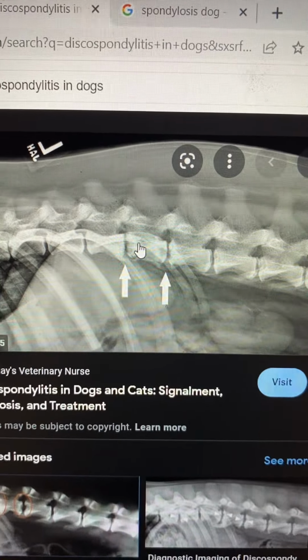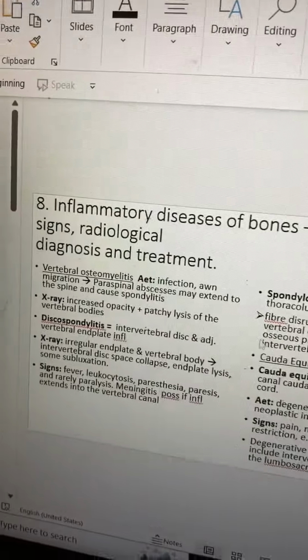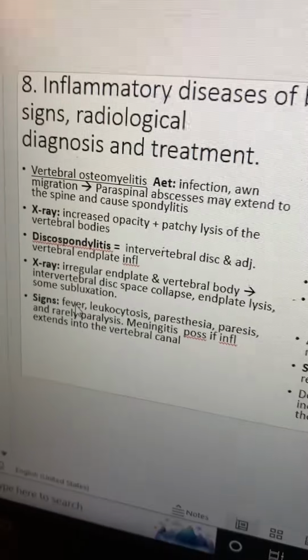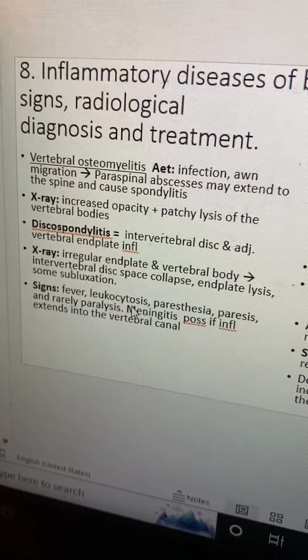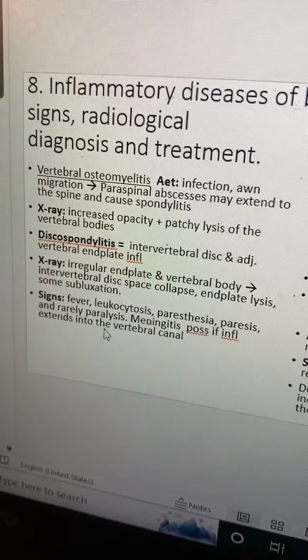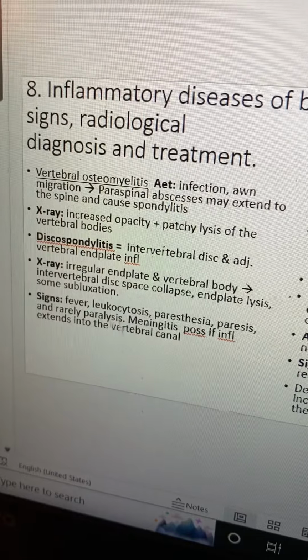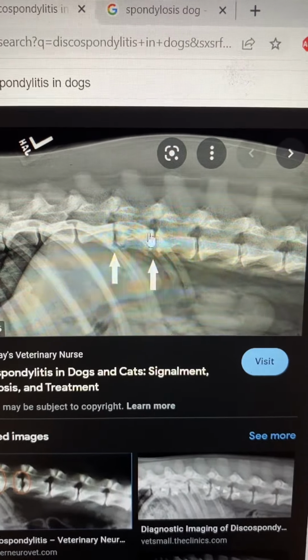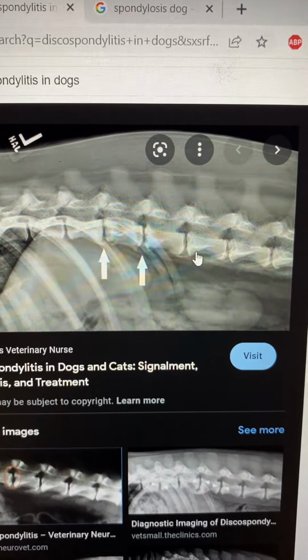Because discospondylitis ends in itis, it means inflammation. So you get symptoms like fever, leukocytosis, paresthesia, so different types of paralysis, although full paralysis is rare, and possibly meningitis if the inflammation extends into the vertebral canal, because inside the vertebral canal you have nerves, which we'll touch on later.